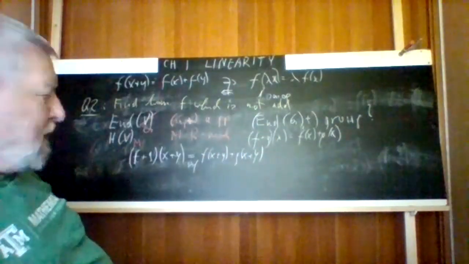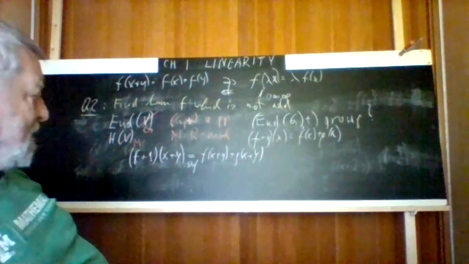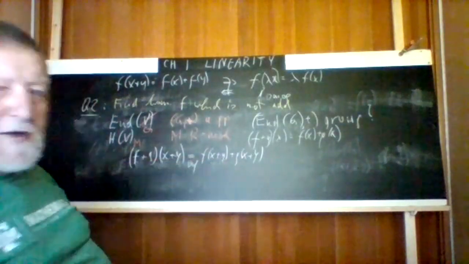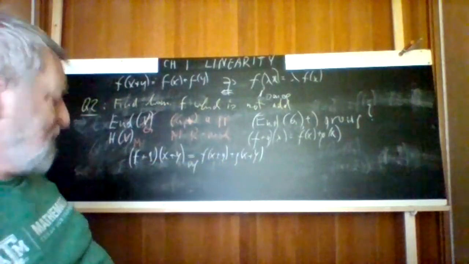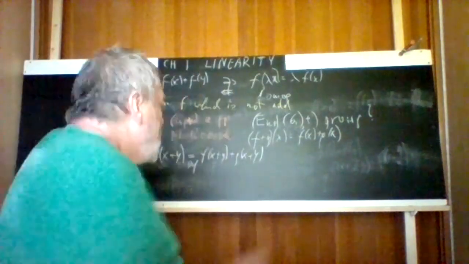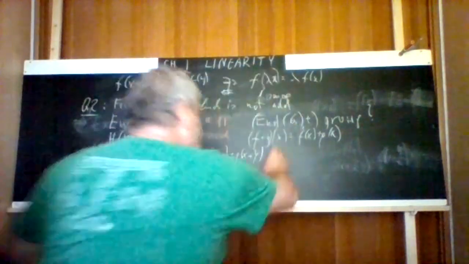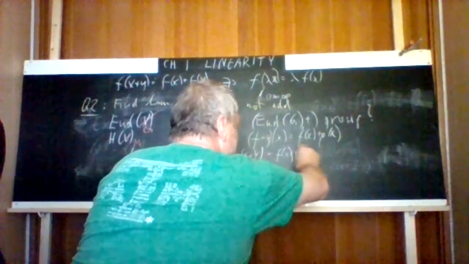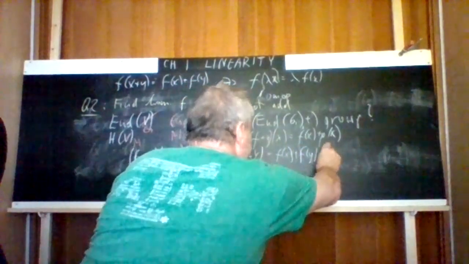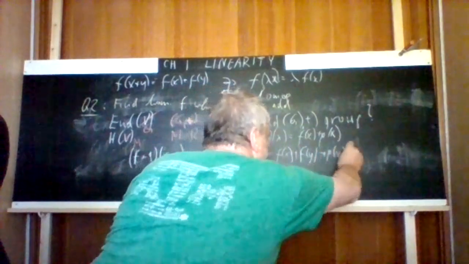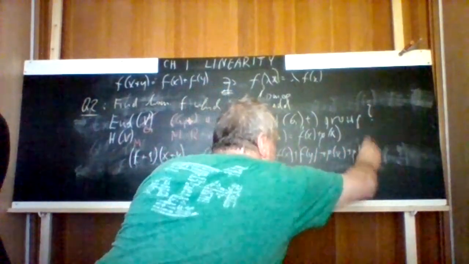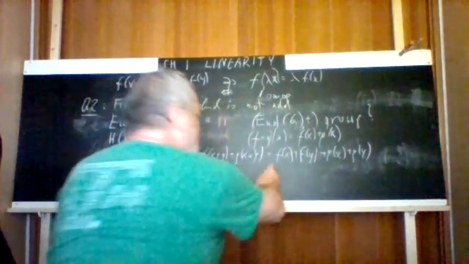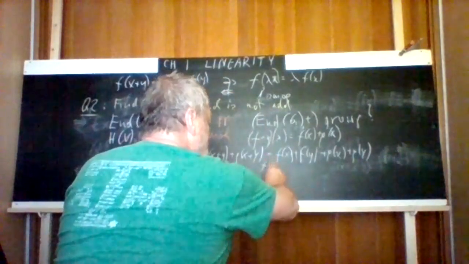Okay, now we can apply the knowledge that f and g are additive, they are endomorphisms. So we can say this is f of x plus f of y, and here plus g of x plus g of y, because f and g are additive.